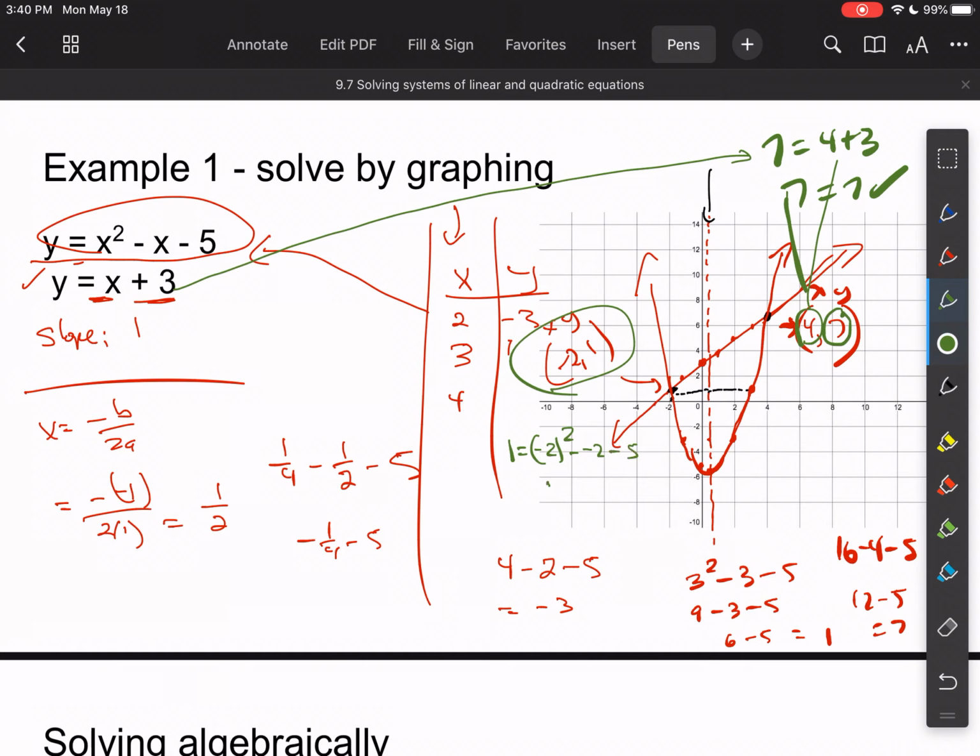Negative 2 squared is 4. 4 minus negative 2 is, well, we can just say 4 plus 2 minus 5. So that equals 6 minus 5. So sure enough, we get 1 equals 1. Plug it into my other one. So 1 is equal to negative 2 plus 3. And that works as well. So those are my two solutions. Negative 2, comma 1 and 4, comma 7 are my solutions.